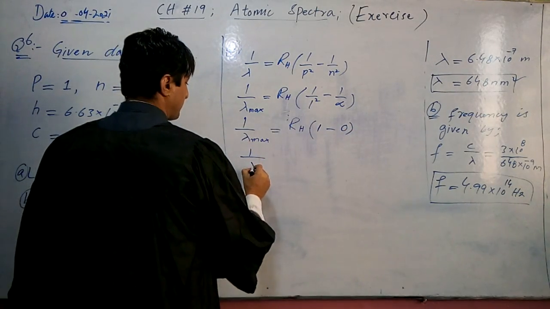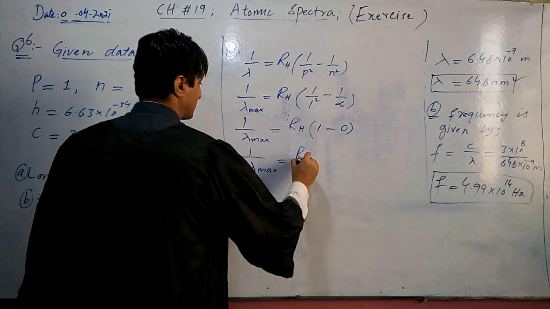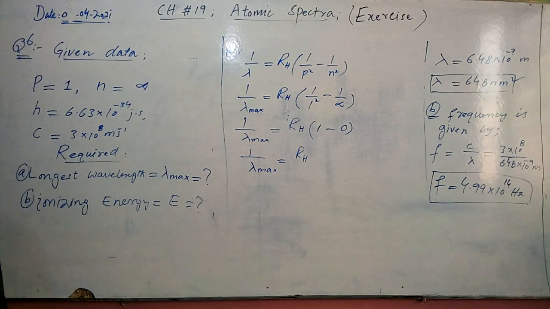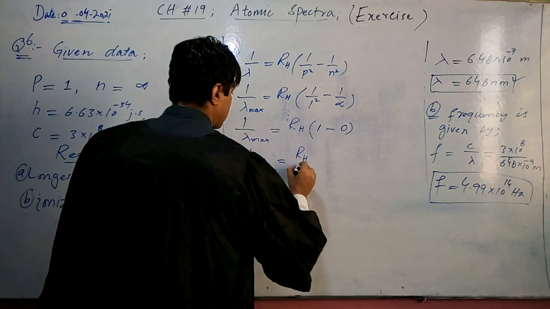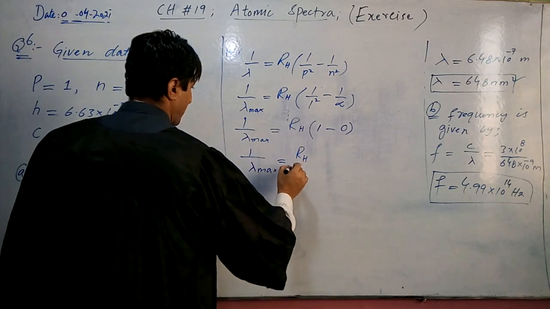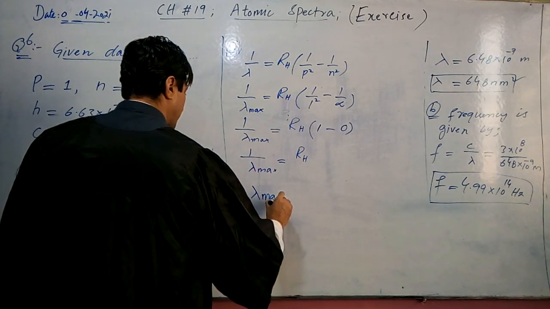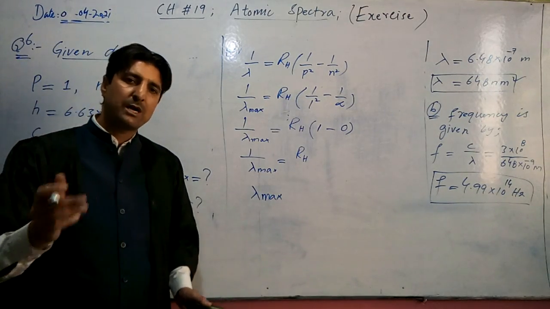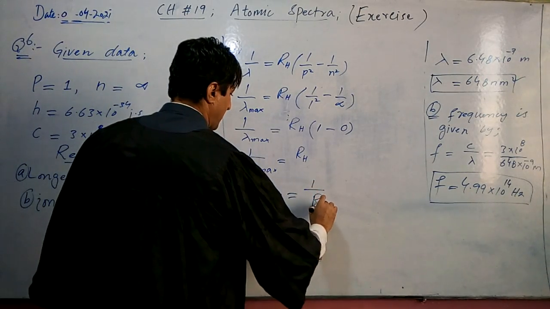So 1 upon lambda maximum is equal to Rydberg's constant multiplied by 1. To find the maximum wavelength, we take the reciprocal. So lambda maximum is equal to 1 divided by RH.